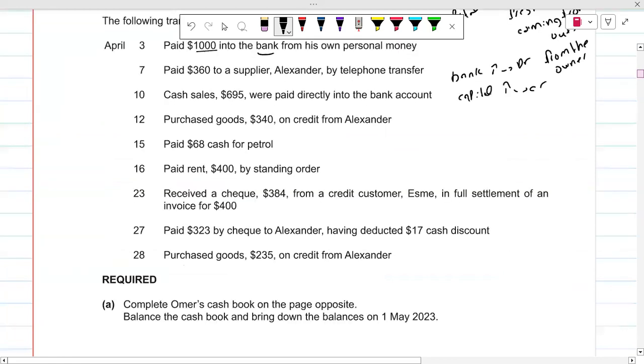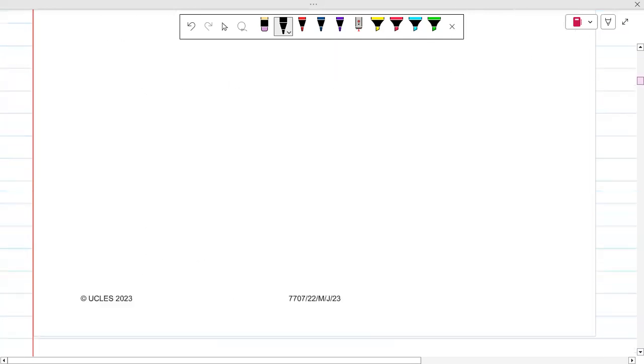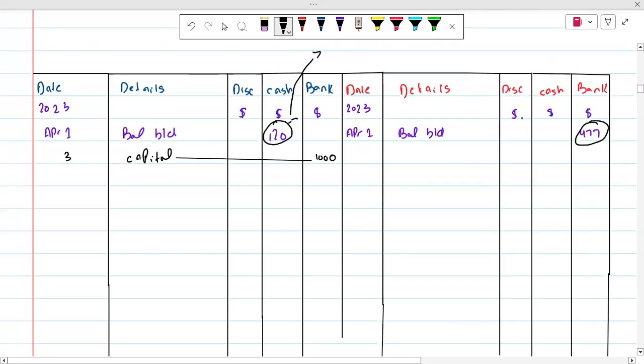We have another transaction for April 7th: paid $360 to a supplier, Alexander, by telephone transfer. Alexander is our supplier, and we paid $360 to him. Whenever we make a payment, it will decrease our cash, so we will record this transaction on the credit side.